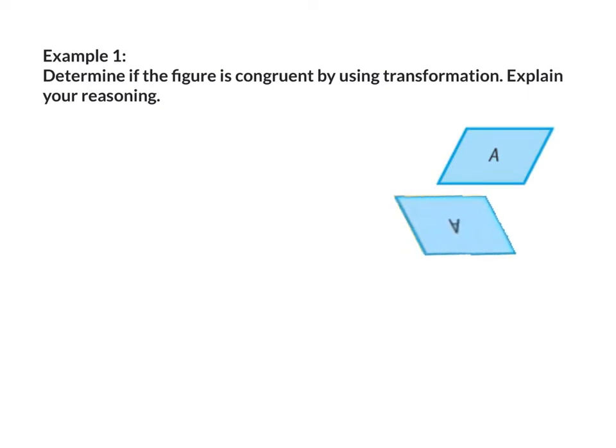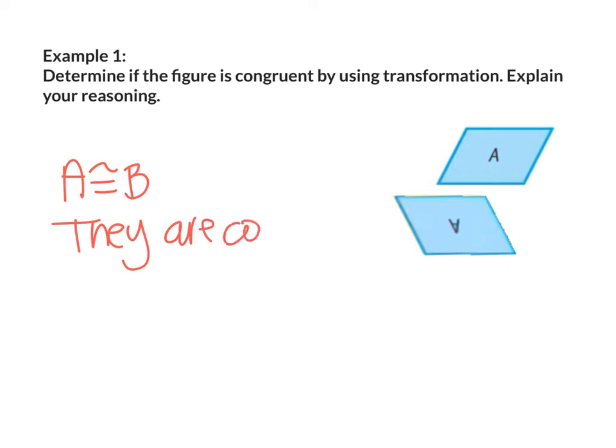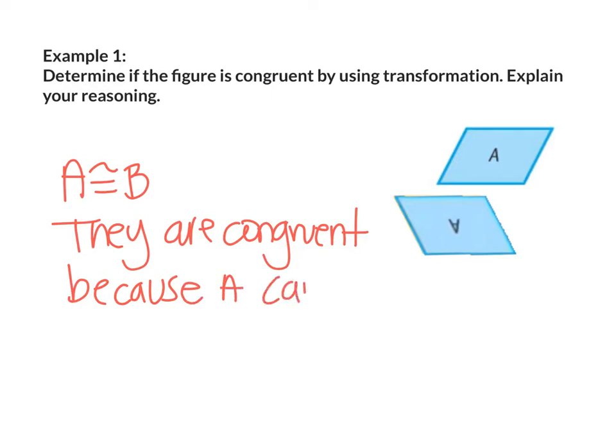So that means that A is congruent to B. So they are congruent because A can be reflected to make B.